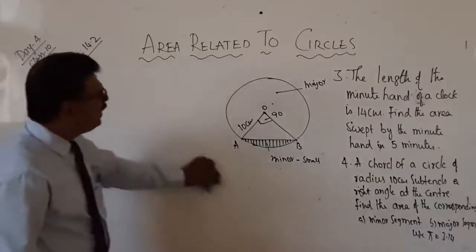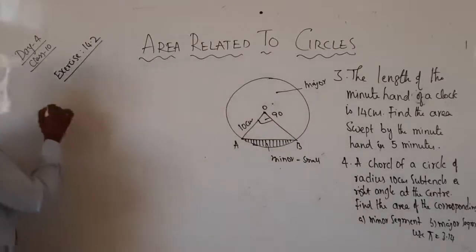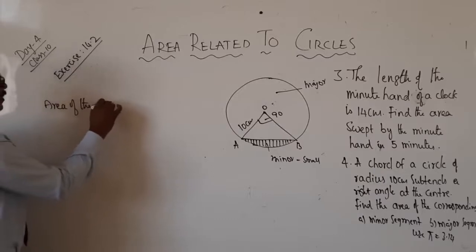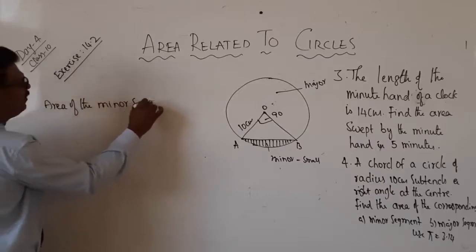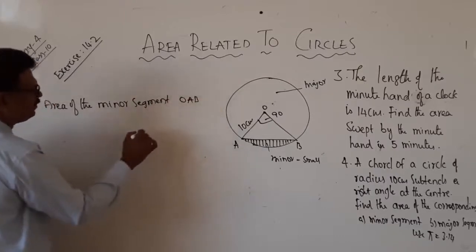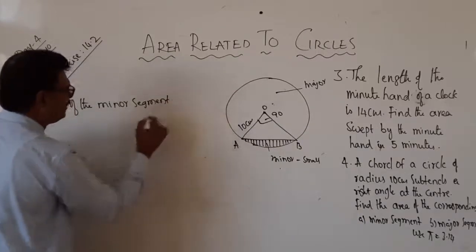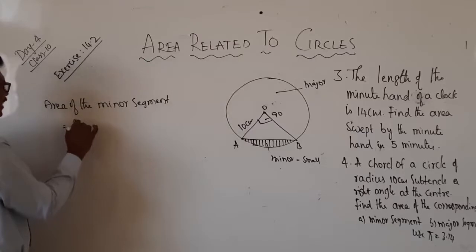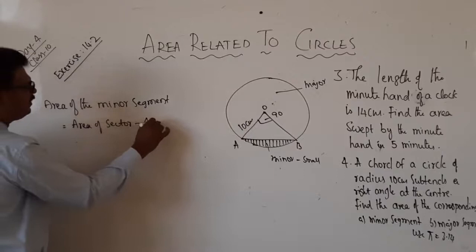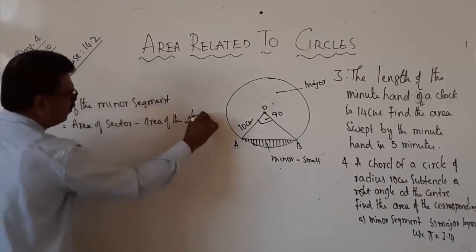Before finding this minor segment, we have to do it like this. Area of the minor segment AB equals area of sector minus area of triangle OAB.